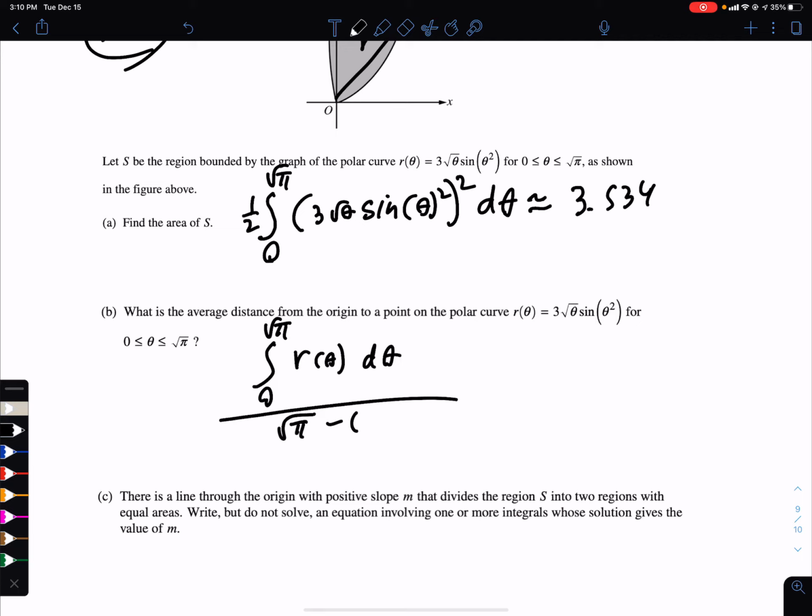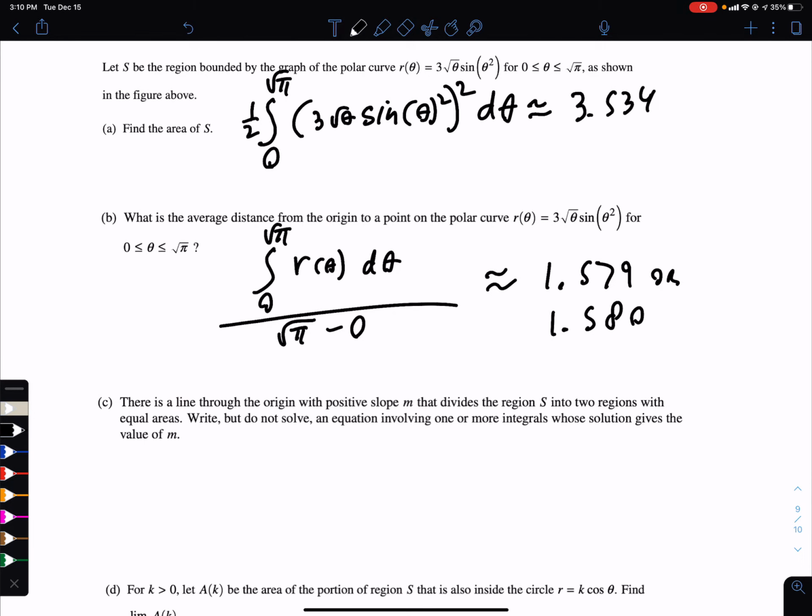That's the formula for the average of any function that you learned last year. If you pop that in your calculator, you get 1.579 or 1.580, depending if you truncate or round off. That's the average distance, which is just the average r.